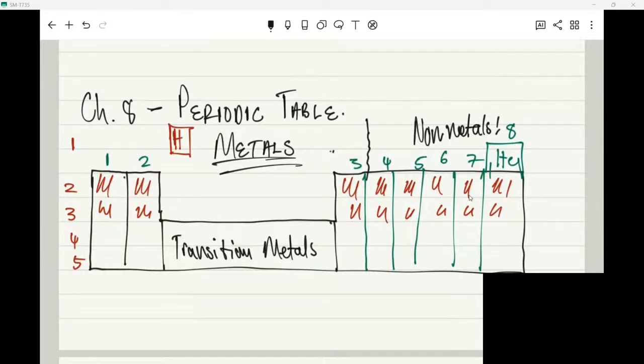So when you look at something, you can draw any atom you want by looking at 2 things, the group number and the period number. Period number will tell you how many shells you must put. So if it's in period 3, draw 3 shells. Then group will tell you how many electrons to put in the very last shell.